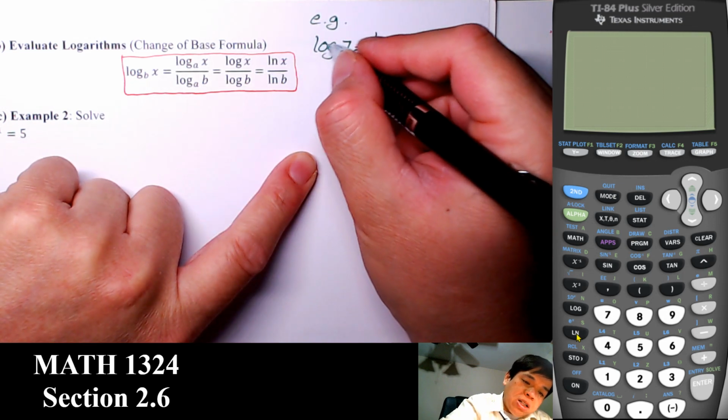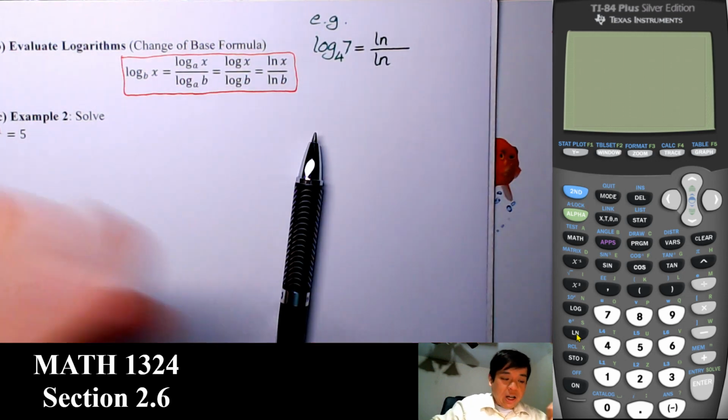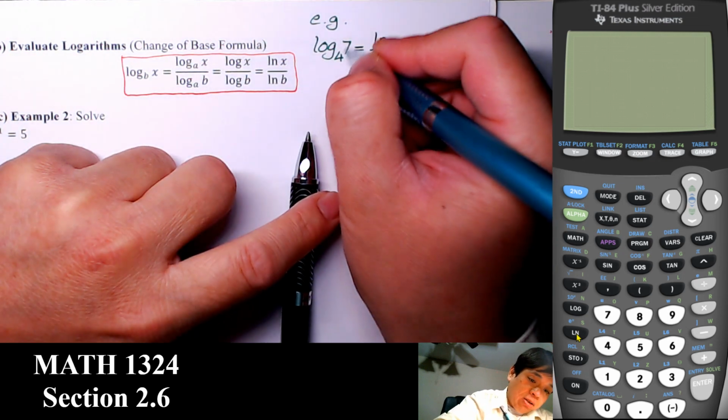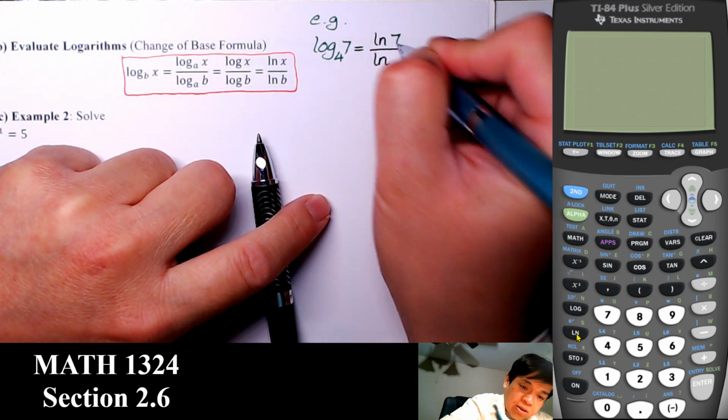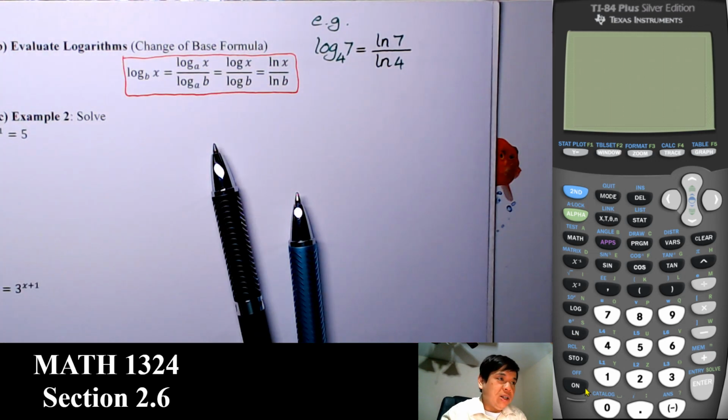The log base of 4 now changes to log base of e. That's called the change of base formula. Now, the 7 above, the 4 at the bottom. So to evaluate this, the rest we just use a calculator. We have ln of 7 divided by ln of 4.